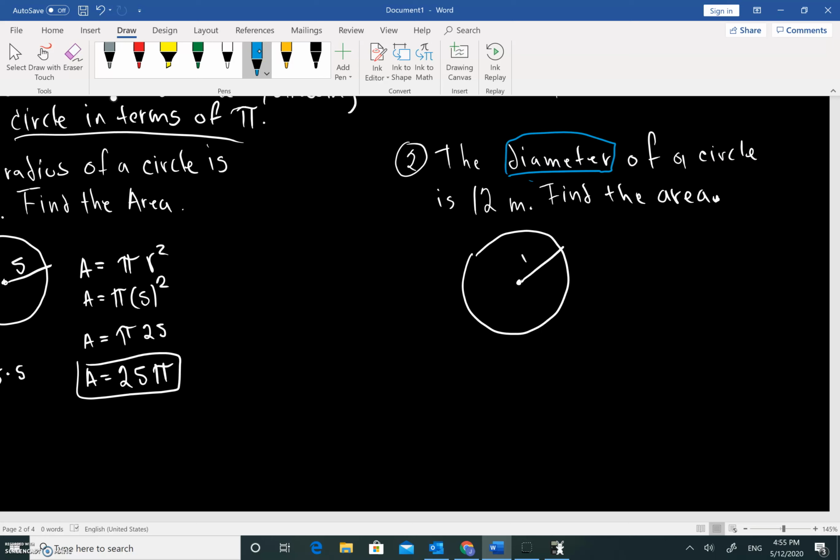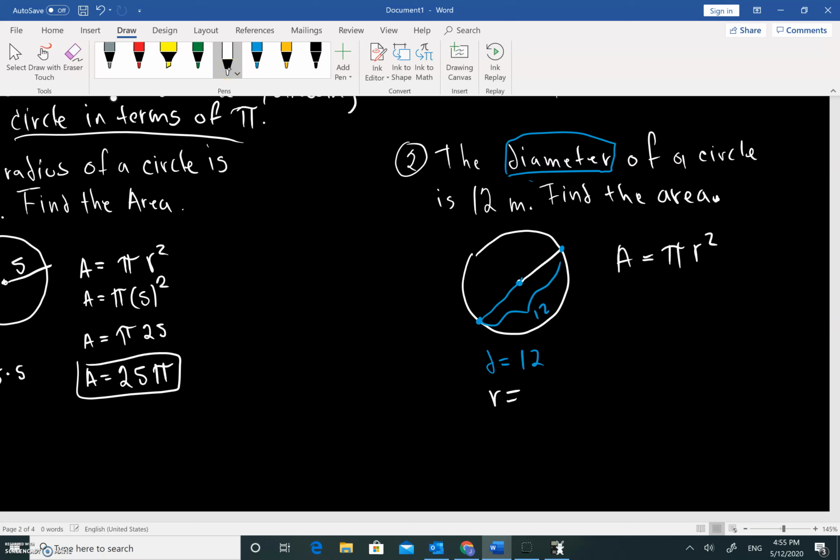So what that means is that the diameter, if you remember, is from one endpoint to another endpoint, and it passes through the center of the circle. So this whole thing is 12. But in our formula, we have A is equal to pi r squared. We need r, we don't need d. So far we have d is equal to 12, but we need to find r.